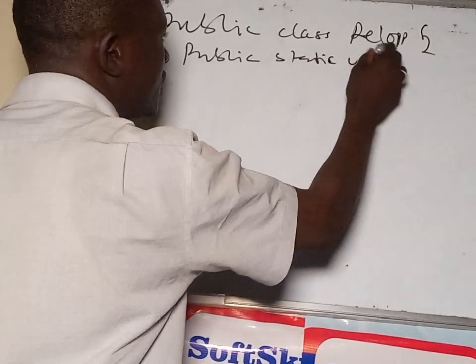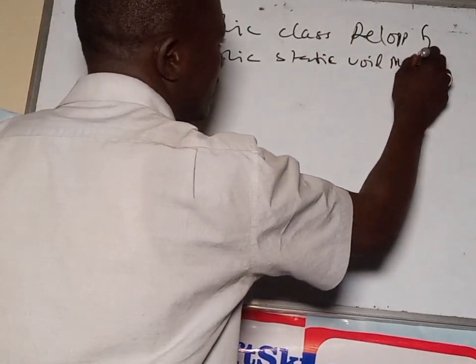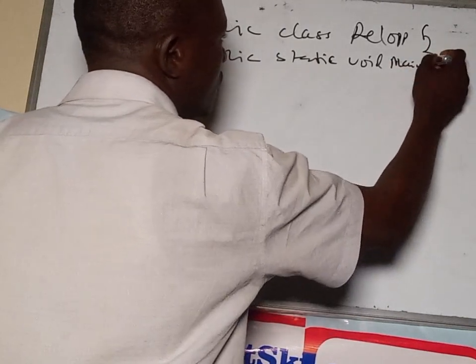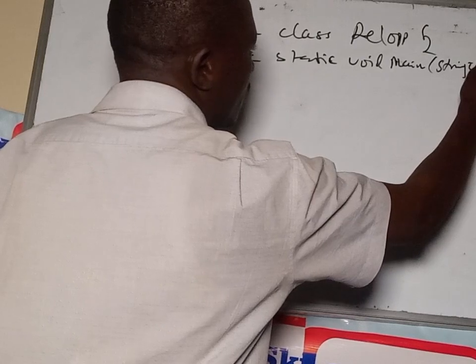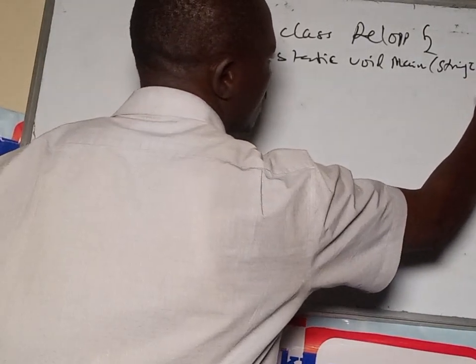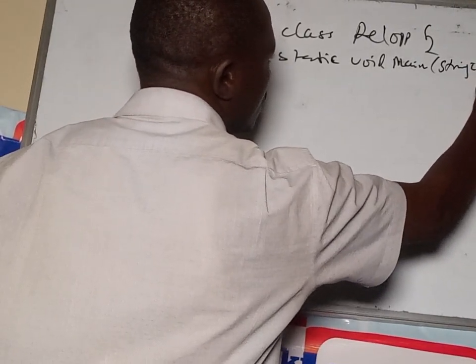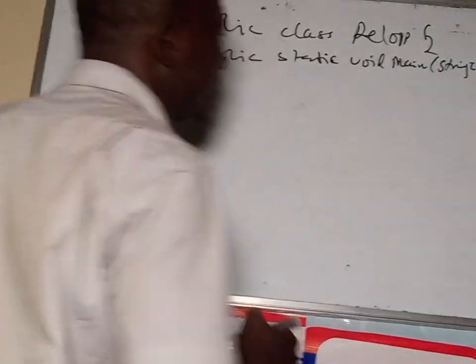Static void main, right? So we have String args, and then we have our curly braces again.